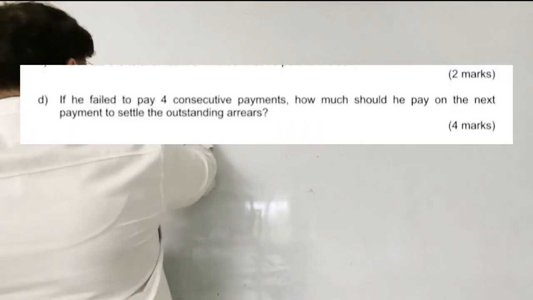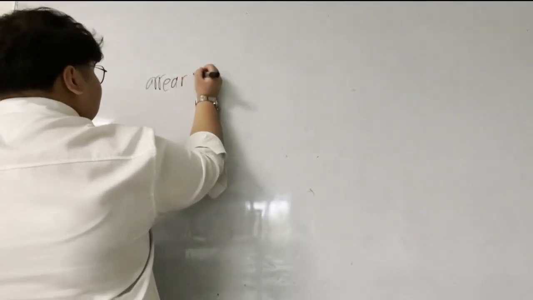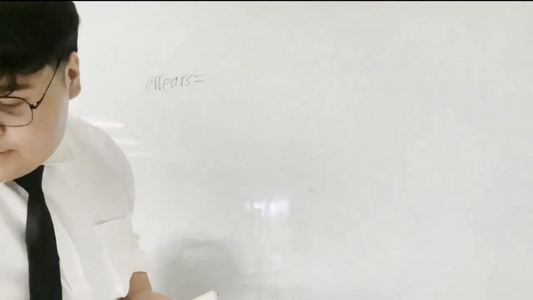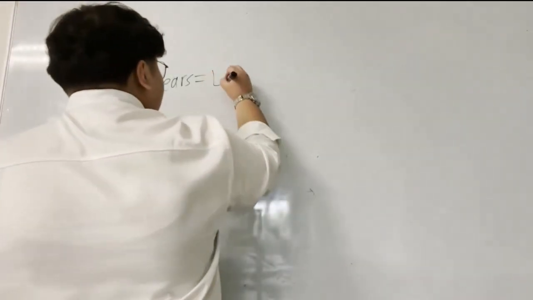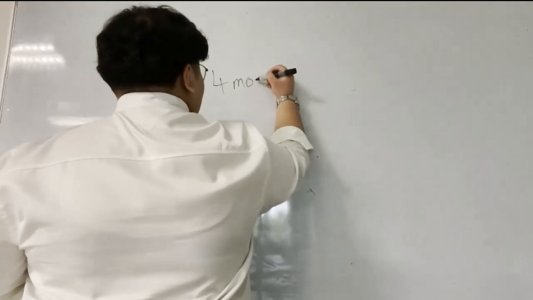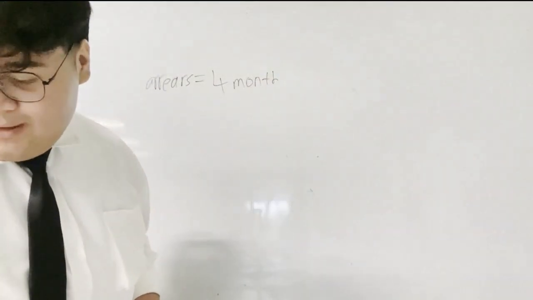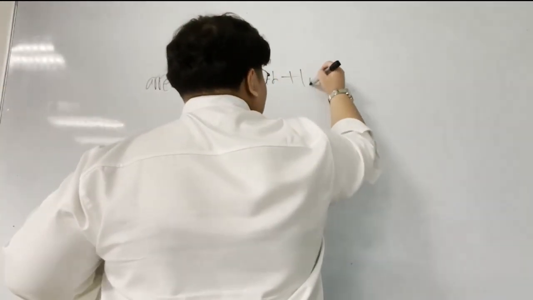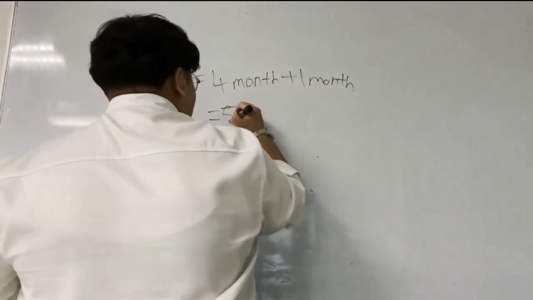Okay, first of all, what is the arrears? The question says failed to pay 4 consecutive payments, which is equivalent to 4 months. But this is not the final answer, because the question says he will pay on the next month, which means we need to add 1 month, which is equivalent to 5 months.